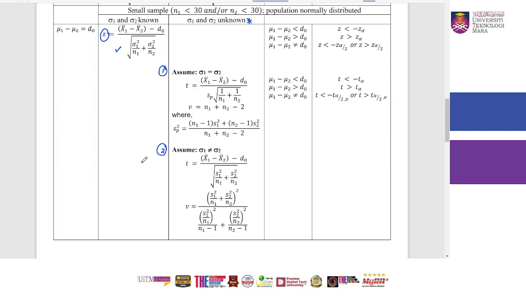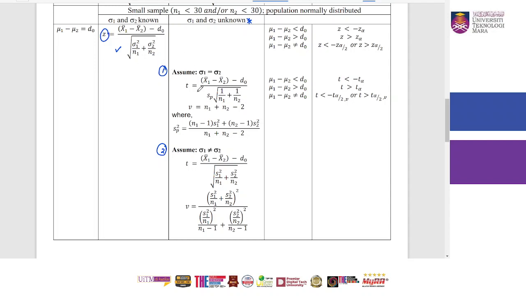Tapi in this situation, to calculate the T values, you first need to assume whether it is equal variance or unequal variance. The process of checking whether the samples have equal variances or unequal variances is called the Levene test. Okay, it's called the Levene test. So itu yang kita nak lihat.